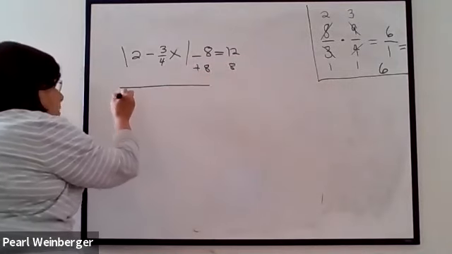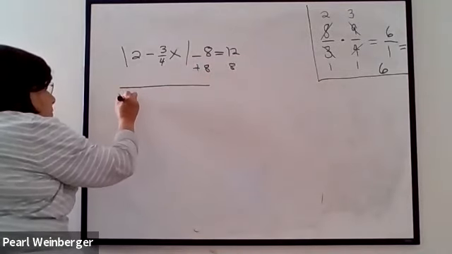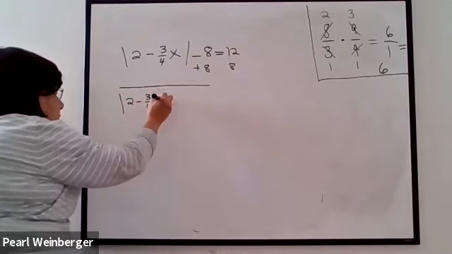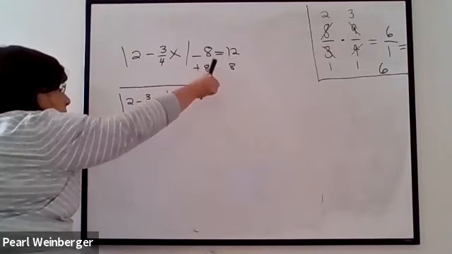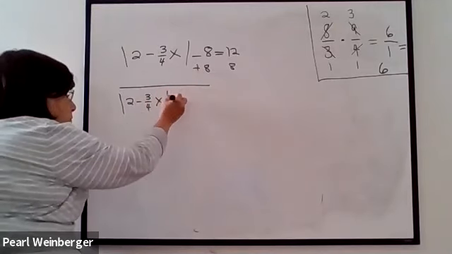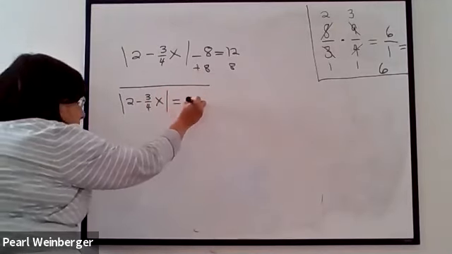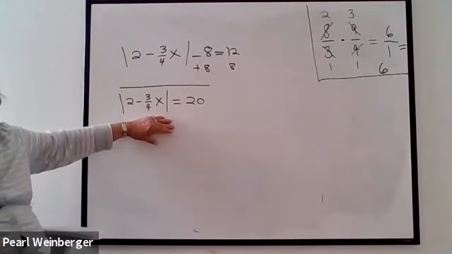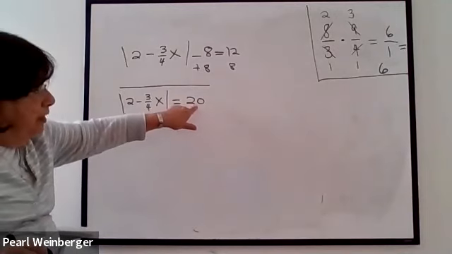So that'll give me the absolute value of 2 minus 3/4 x equals 12 plus 8, which is 20. Now remember, whenever I get to this stage, when we're solving, I always look at this number.